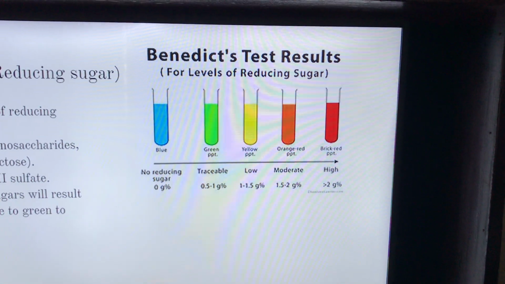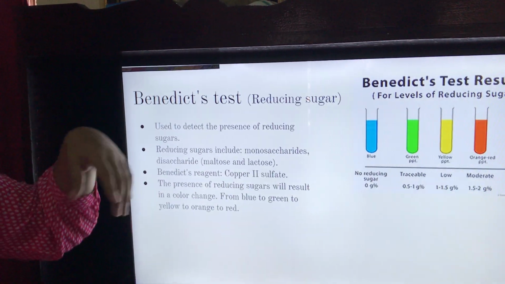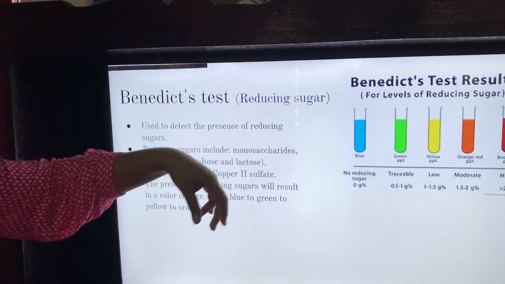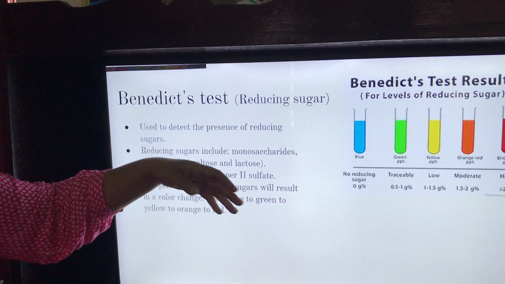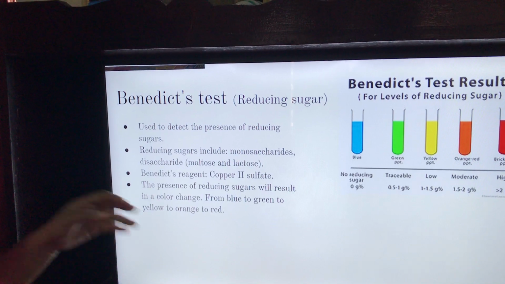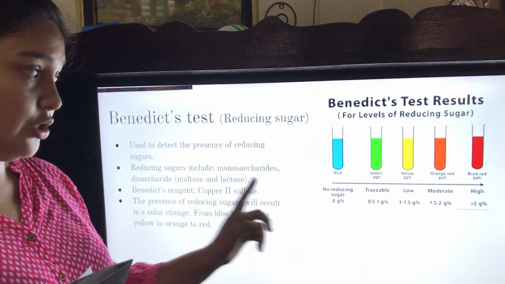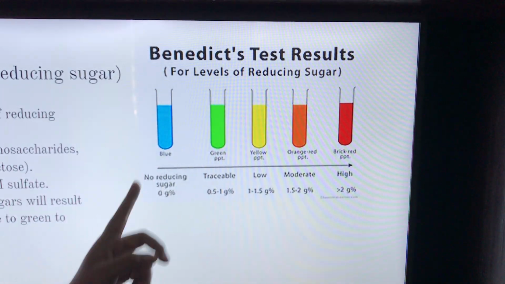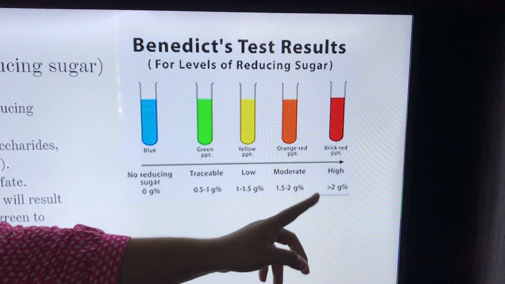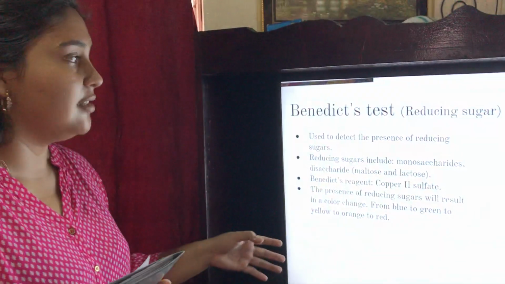You get your substrate that you are testing and you add the copper 2 sulfate, and then you get the test tube and you insert it into a water bath for 5 to 7 minutes with temperatures being 100 degrees Celsius. Then you take it out and the color should change if there is a presence of a reducing sugar from green to yellow to orange to red, depending on the severity or the concentration of reducing sugars within the substrate that you are testing.